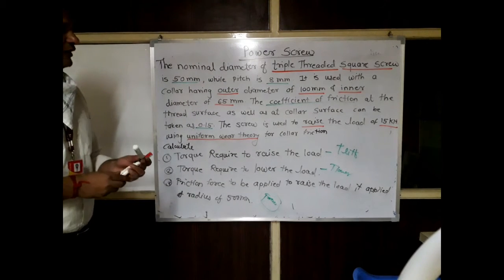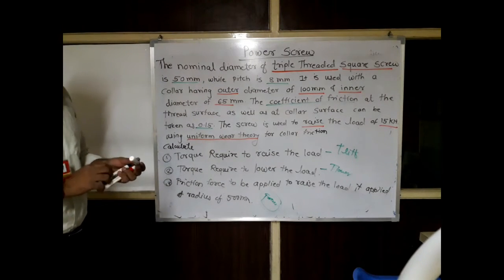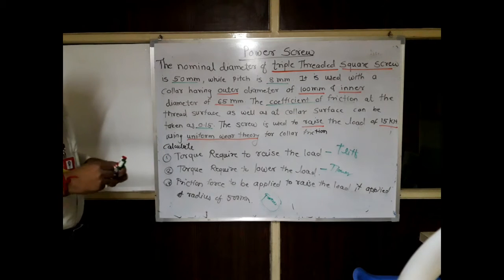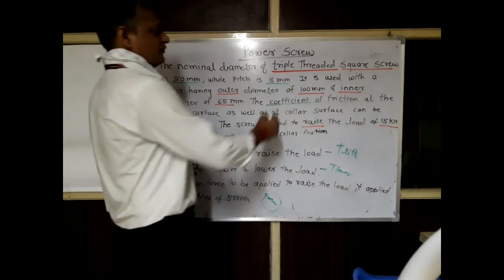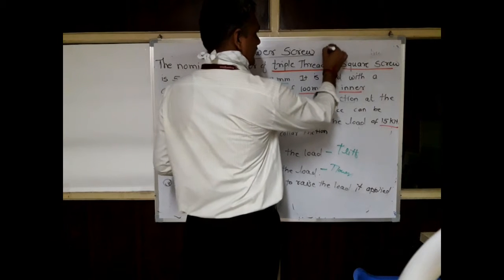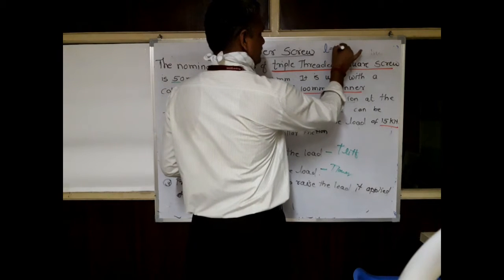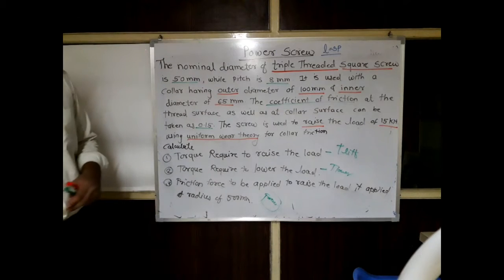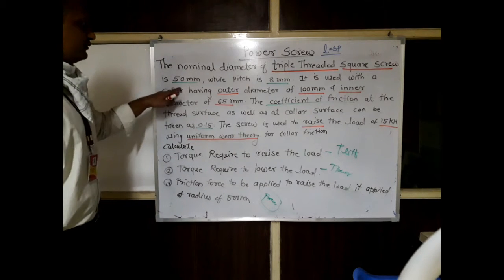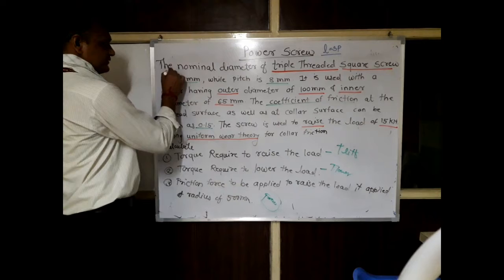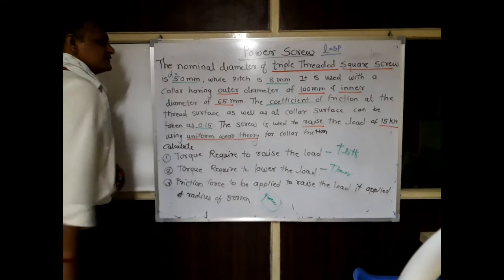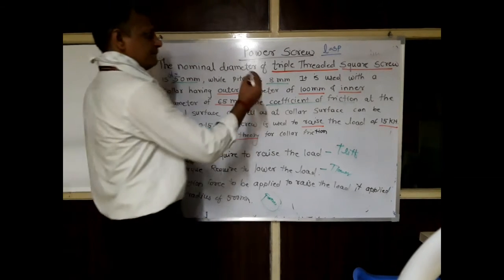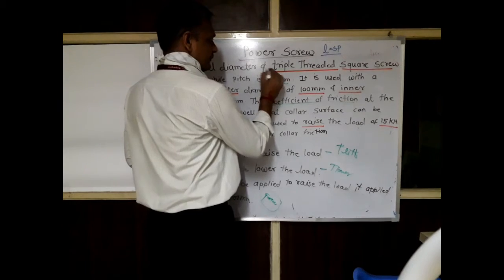Now first of all, what are the given parameters? It is the nominal diameter of a triple threaded square screw, that means lead is equal to 3 times pitch. The nominal diameter, that means outer diameter, D is equal to 50, then pitch is equal to 8.